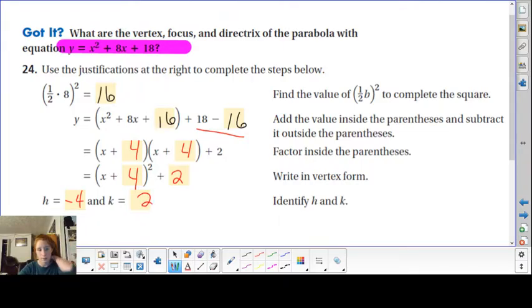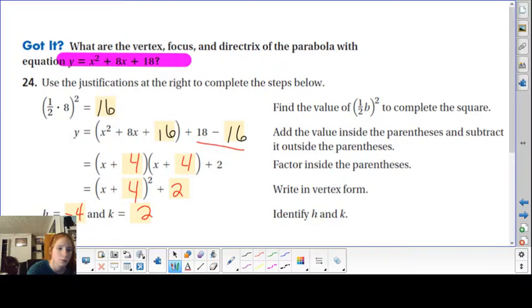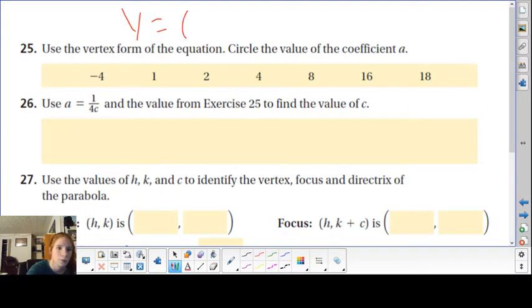So we got the equation y is equal to x plus 4 squared plus 2.